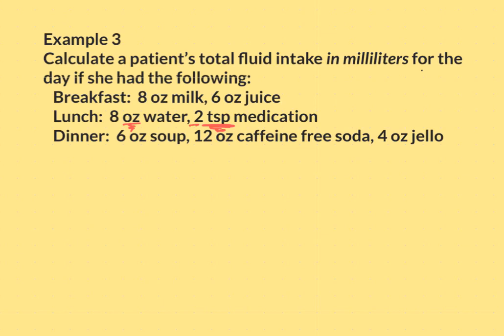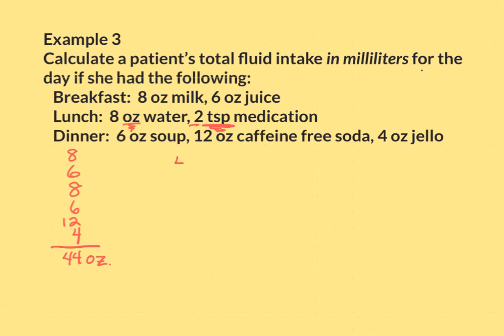We do not have a conversion factor that I've asked you to memorize for ounces to teaspoons or teaspoons to ounces. So let's just combine like terms first. So I'm going to add up my 8 ounces of milk, 6 ounces of juice, 8 ounces of water, 6 ounces of soup, 12 ounces of caffeine-free soda, and 4 ounces of Jell-O. I add that up, I get 44 ounces for daily fluid intake, but I am not done.